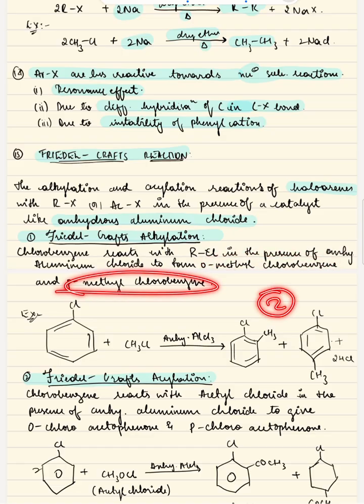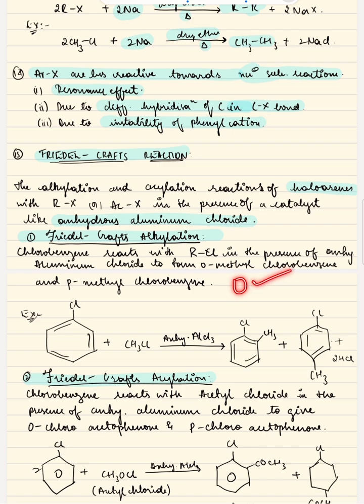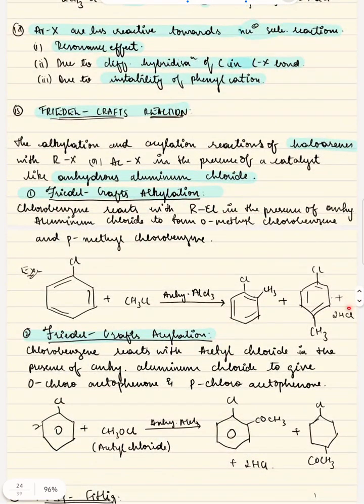There are two products, out of which ortho takes the position of the major product. Here it is methyl chloride in the presence of anhydrous aluminum chloride to give ortho and para.